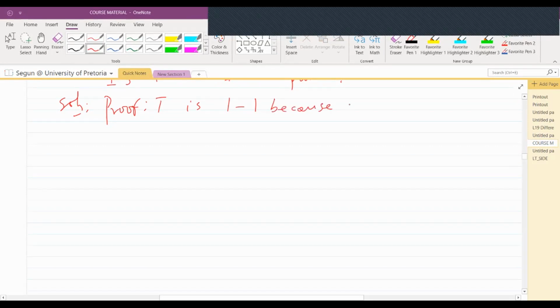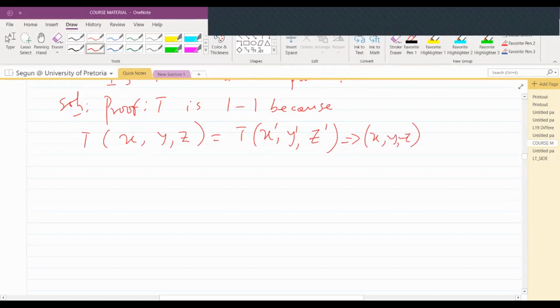T is 1 to 1 because we all know we are working in the vector space and it obeys the vector space. T of (X, Y, Z) is the same thing as T of (X prime, Y prime, Z prime), which implies our (X, Y, Z) is the same thing as (X prime, Y prime, Z prime).